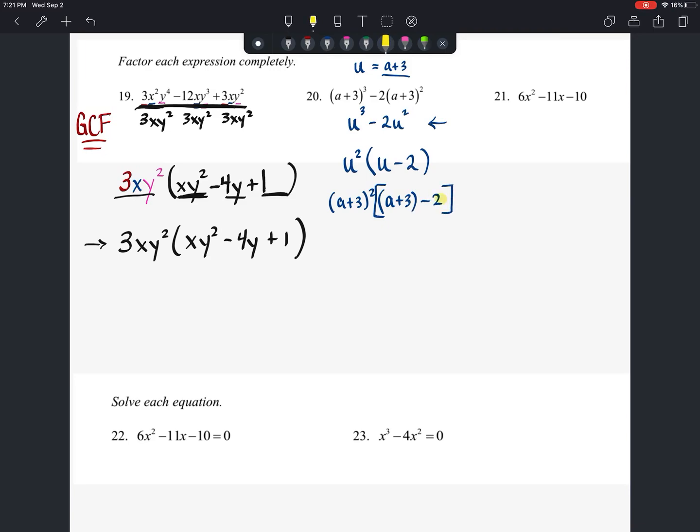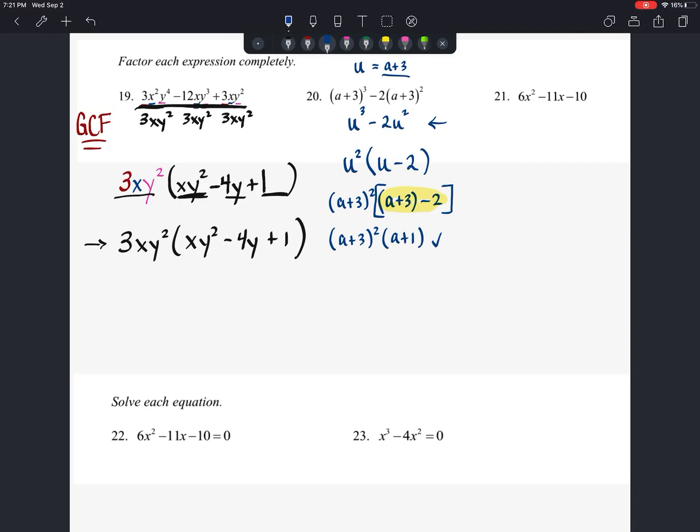But all we need to do now is simplify this expression. We've got a plus 3 squared times an a plus 3 minus 2, which is going to be an a plus 1. And that is our answer. You don't have to throw the u's in if you don't want to, but if it helps, go for it.